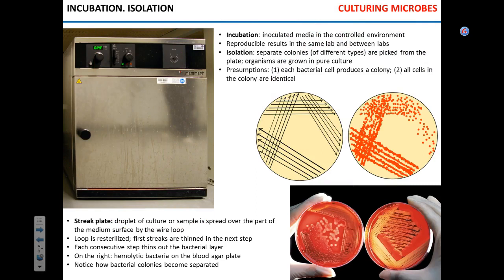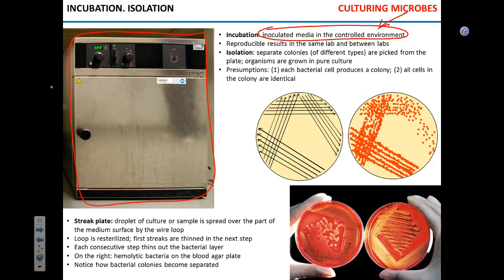Now, once we inoculated the medium, we place it in an incubator, right? The most important reason why we place it in the incubator and not leave it here on the bench is that the incubator provides us with a controlled environment. That makes sense?